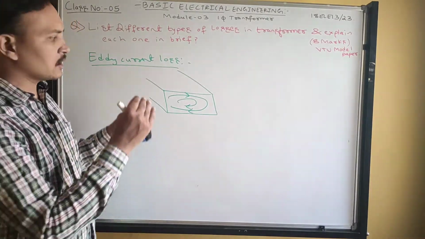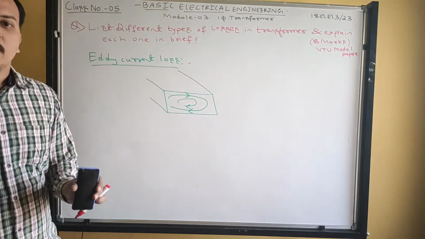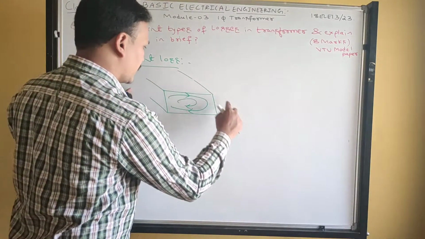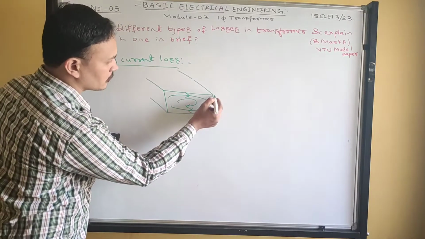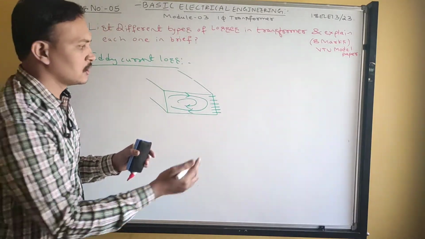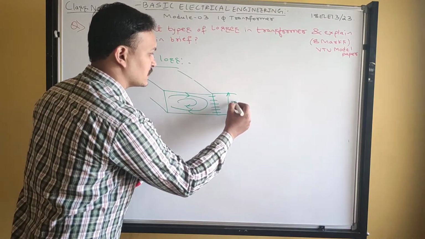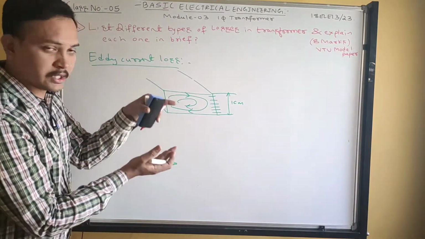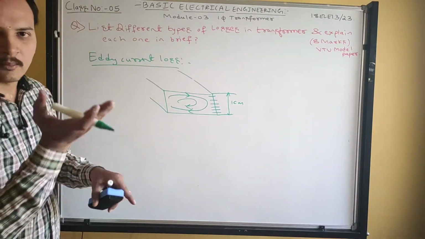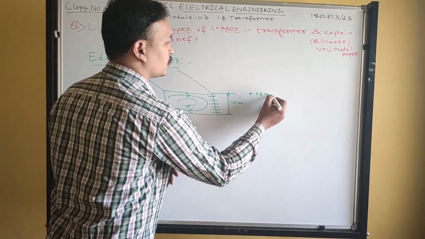However, we can reduce these losses by making a number of laminations. Instead of a big solid core, we cut the solid core into several laminations. Suppose the thickness of the core is 1 centimeter; you break that core into 0.25 mm sheets.